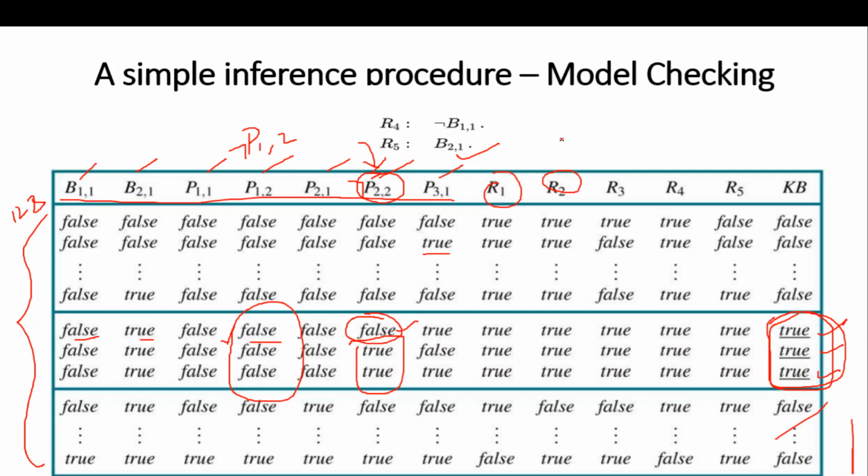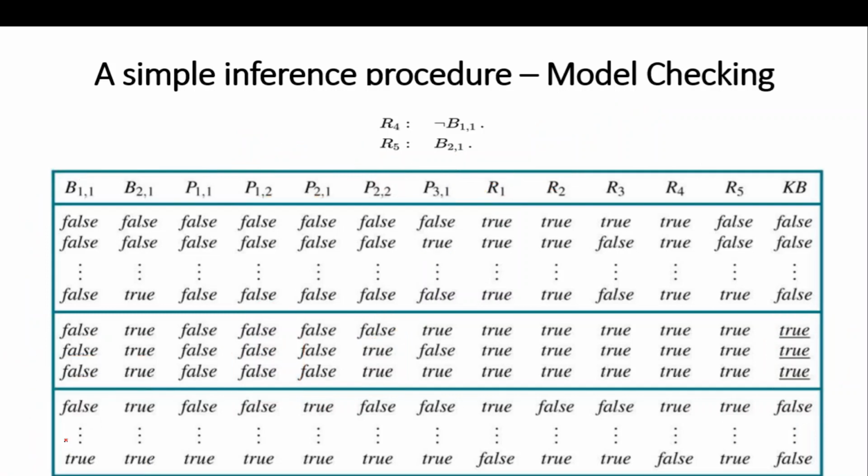Hence, not P2,2 is not entailed by KB. KB does not entail not P2,2, but KB entails not P1,2.